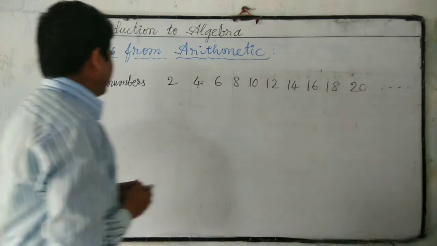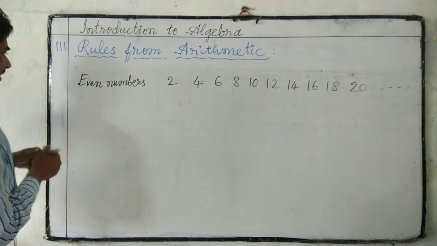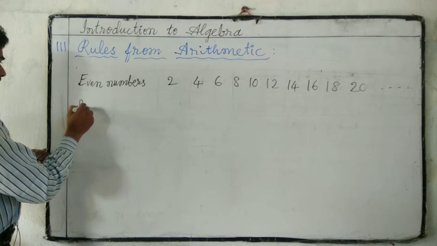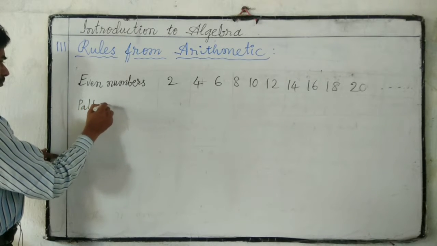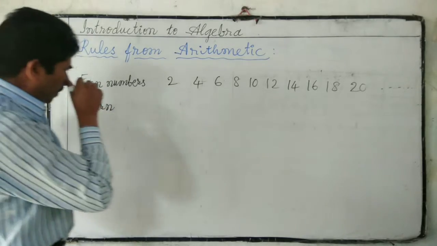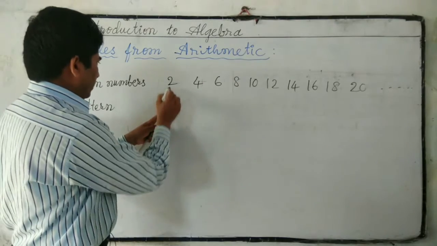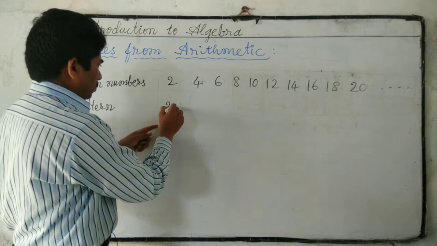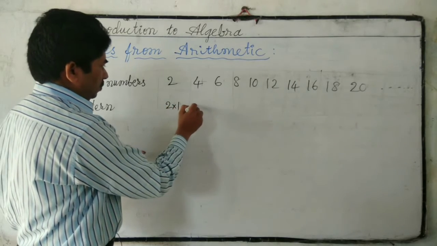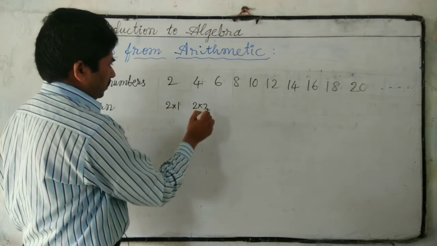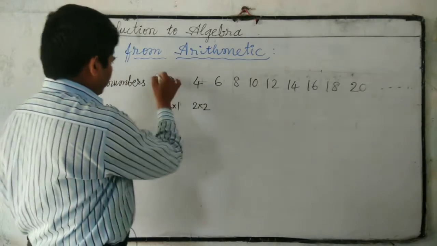Pattern. First even number 2: 2 ones are 2, 2 twos are 4.